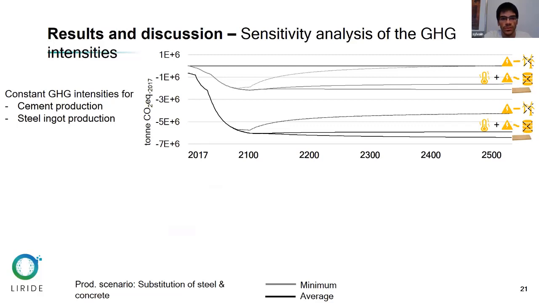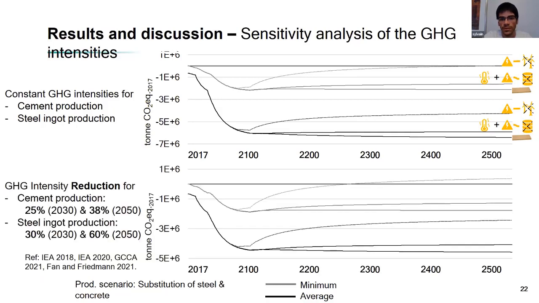So until now, I presented results with constant greenhouse gas intensities for steel and concrete. So since technologies are likely to improve in the future, in the next slide, I present figures with sensitivity analysis on the GHG intensity of steel ingot and cement production in 2030 and 2050.